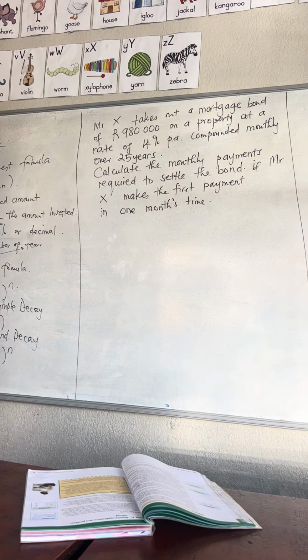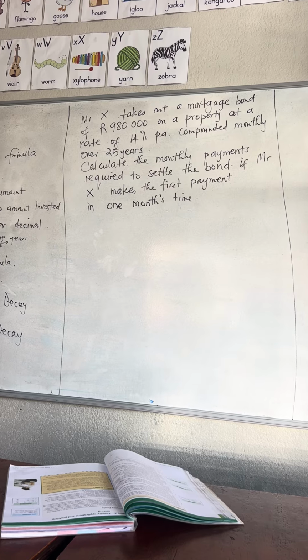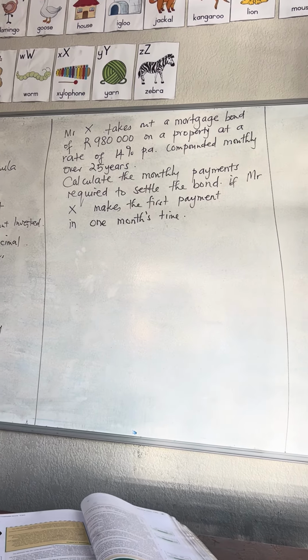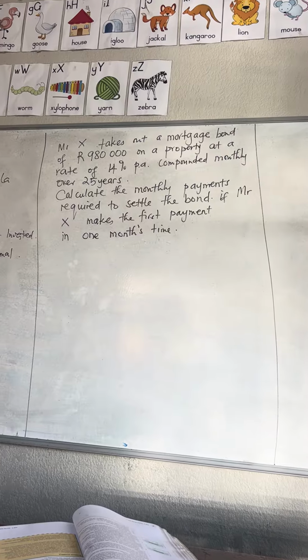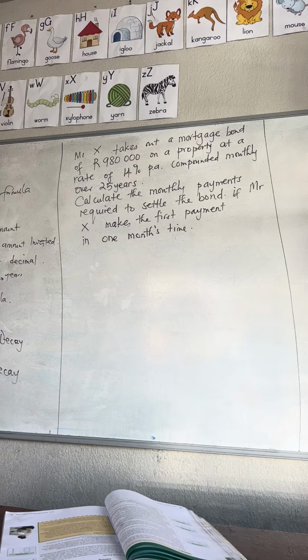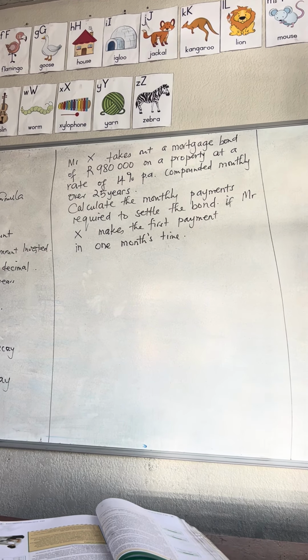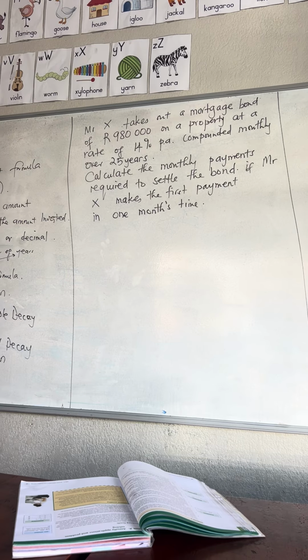Mr. X takes out a mortgage bond of 980,000 on a property at a rate of 14% per annum, compounded monthly over 25 years. Calculate the monthly payments required to settle the bond if Mr. X makes the first payment in 1 month's time.